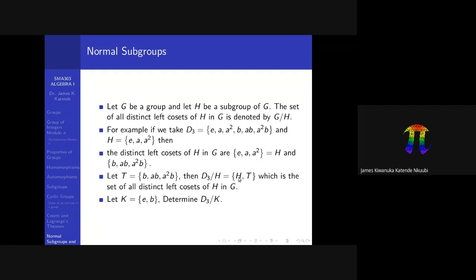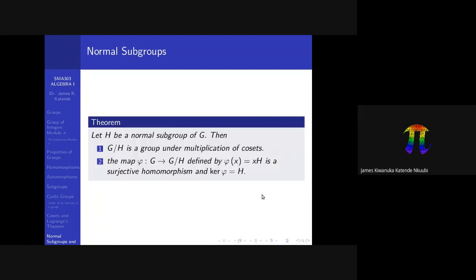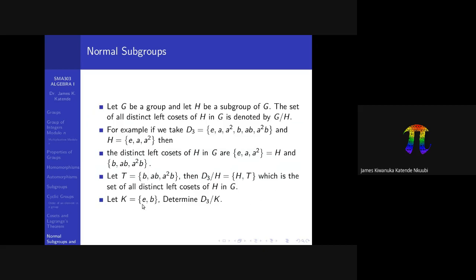There are only two, and we put them here in the set. You have some work here. You have this left coset K equal to {E, B}. You are supposed to work out the set of all distinct left cosets of K in D3.